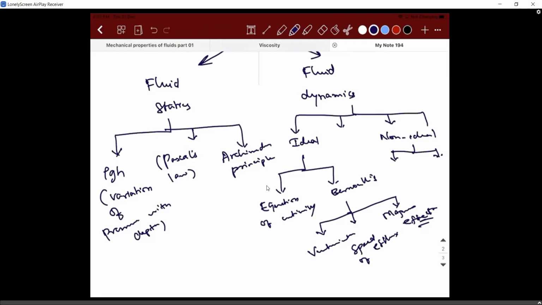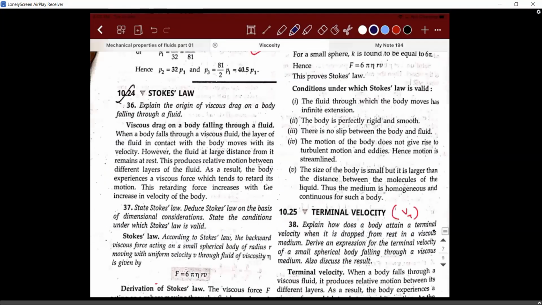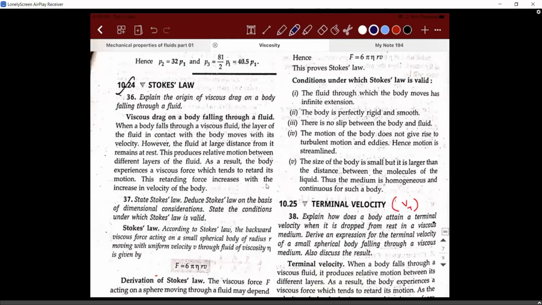Whereas if the same solid is coming in contact with a liquid, and the solid has a velocity associated with it, then we speak about Stokes' law. You're able to understand how the topics are related, so you should not get confused on this aspect. Stokes' law mainly speaks about the viscous drag experienced in a liquid.